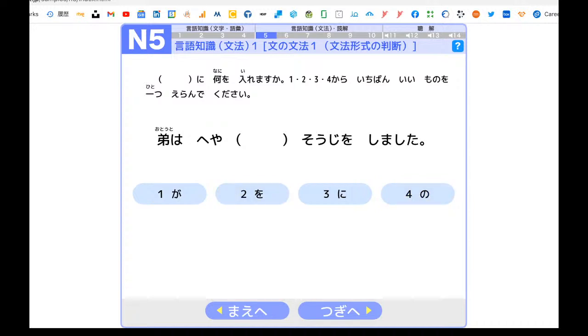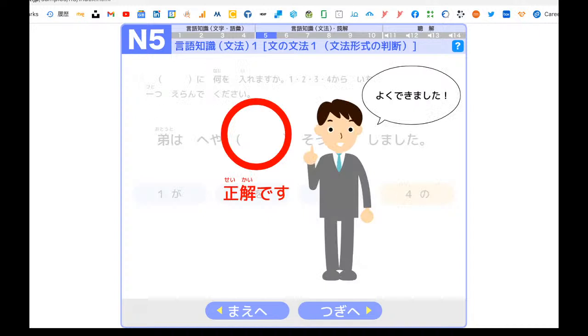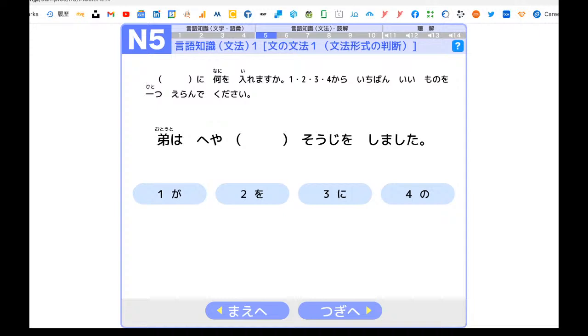So let's say 弟は部屋, but we have を here. 掃除をしました。So we don't use を in a row, so the second option is not the right answer. And in that sense, の. So you can find clues from the questions and take a closer look at the vocabulary and conjunctions, and then find the right answer.